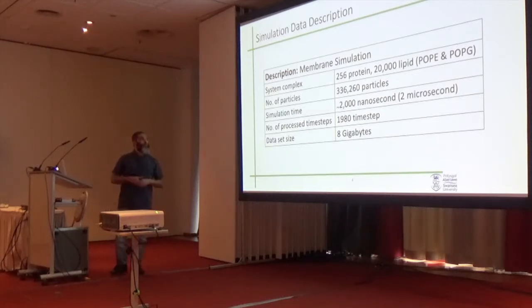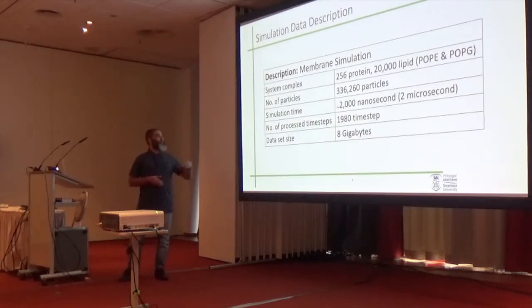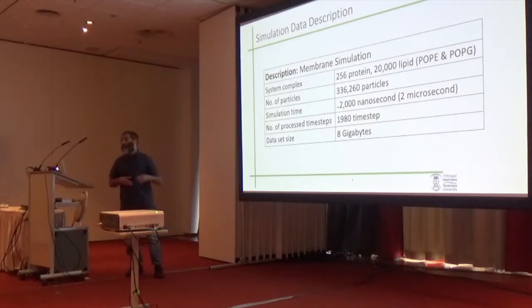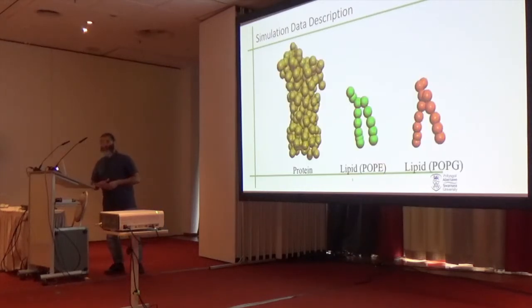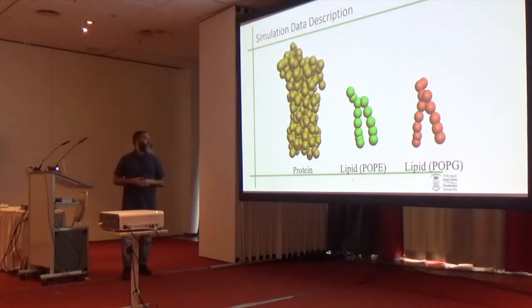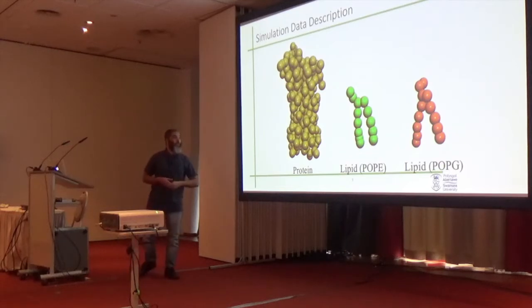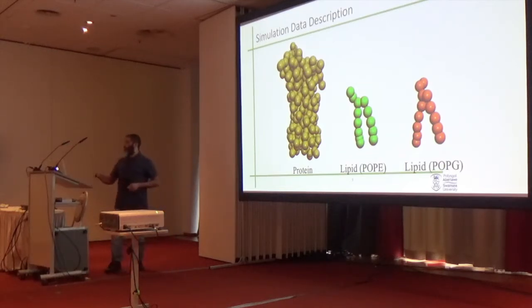In total, we have more than 300,000 particles interacting during about 2,000 time steps. Here we can see the structure of the protein and the structure of the lipid types.